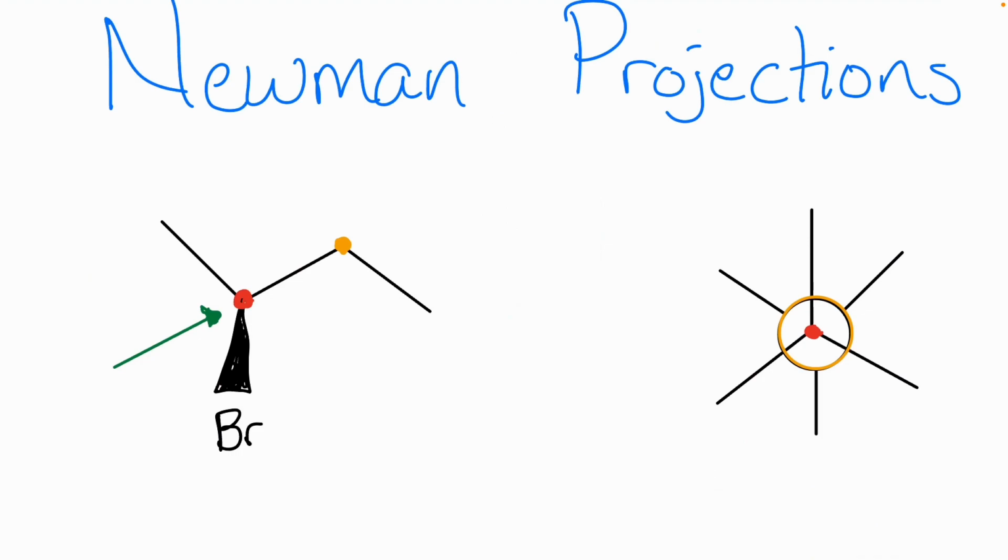All right, so then these 3 bonds coming out from the middle, these are the bonds on the front carbon. And these 3 bonds that are attached just to the circle are the bonds on the back carbon. Okay?